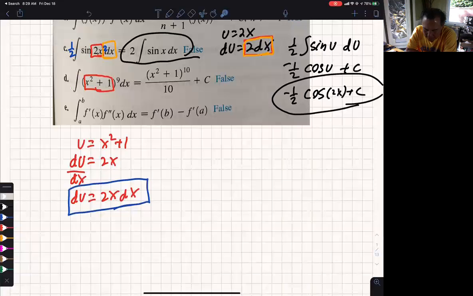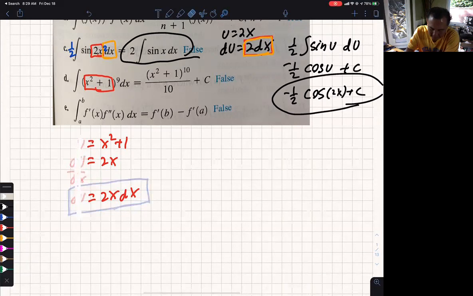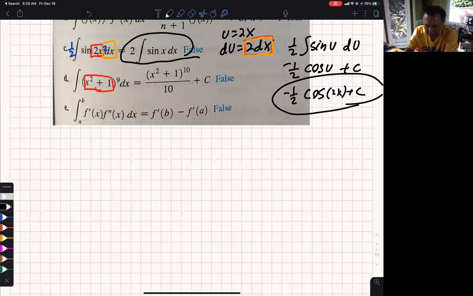And the last one, ooh, interesting. Very interesting. So if I were doing this, I think I said, you know what, let u be f prime of x dx. That looks good. And then the derivative of that would be the second derivative of x.